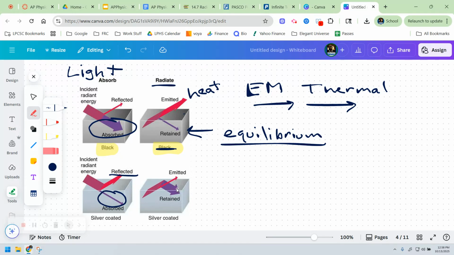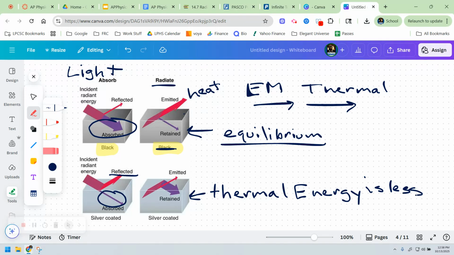And then what is retained is not as much because most of it's emitted. So this too will also experience a little bit of a thermal transfer, but it's smaller. Why? Because most of the light is reflected here.